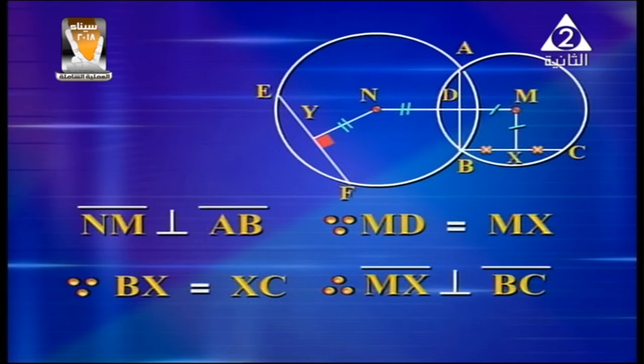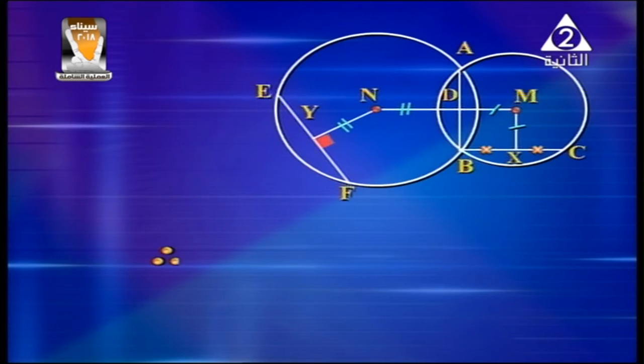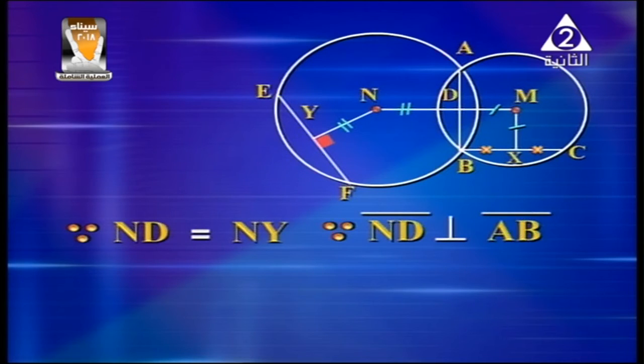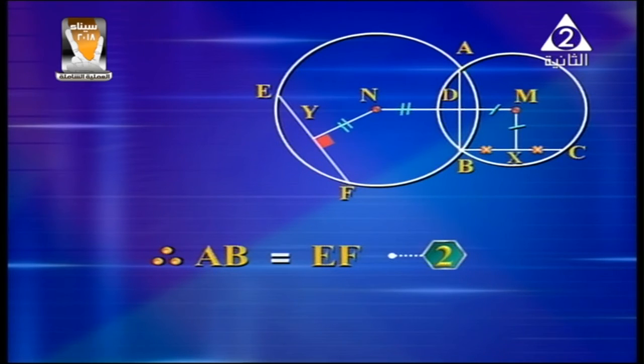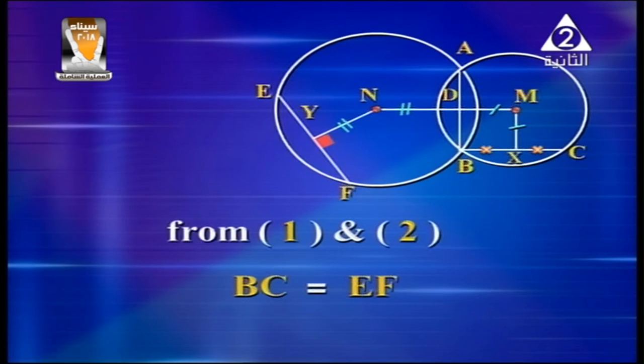And here you are going to notice that AB equals BC. And this is going to be number 1. Then, since ND equals NY, that's correct, ND perpendicular on AB, therefore NY perpendicular on EF, therefore AB equals EF. And this is going to be number 2. From 1 and 2, you are going to notice that BC equals EF.